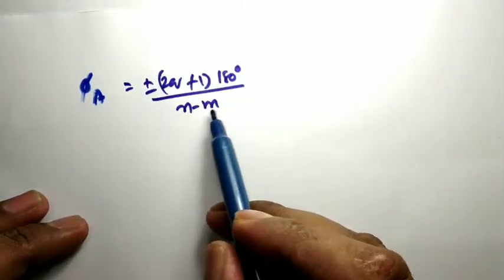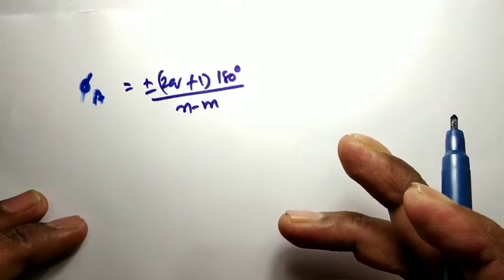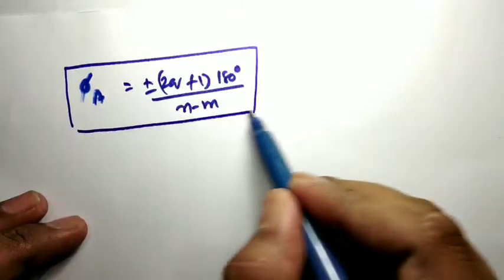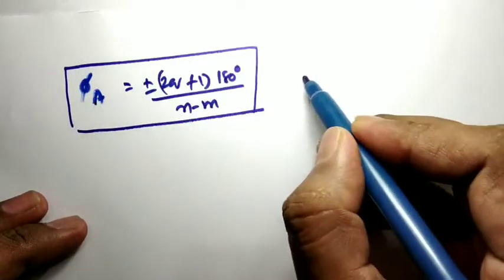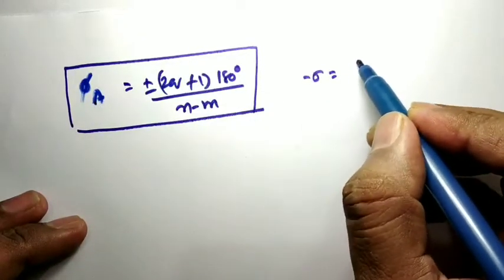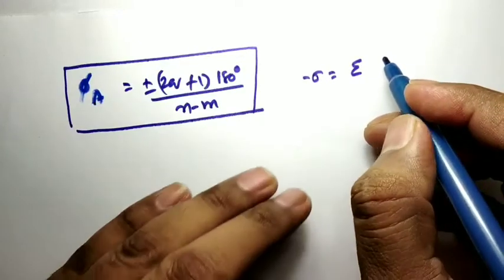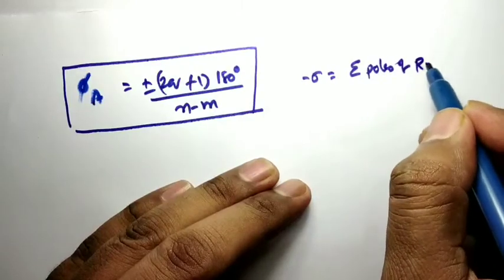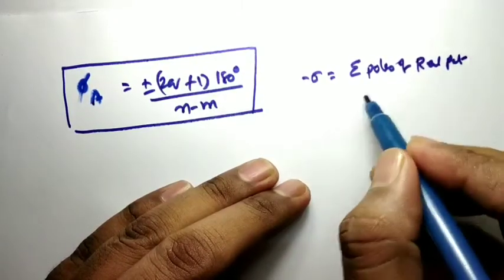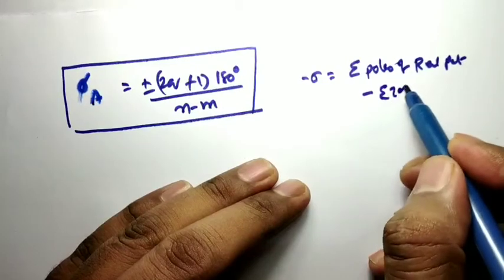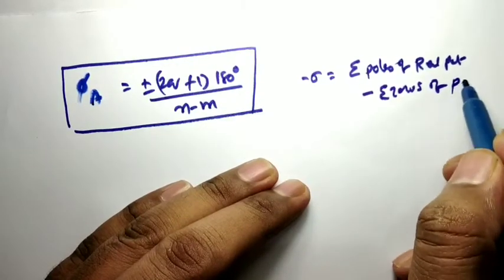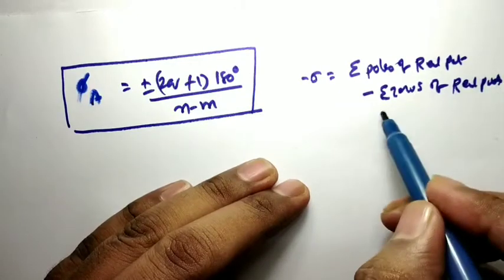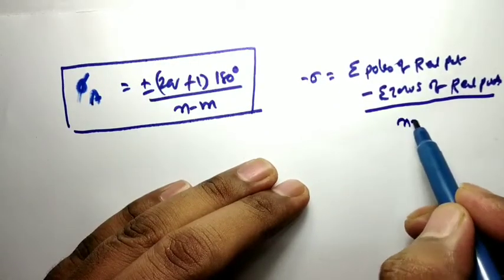I told you what n, m and q are, and I have explained them. The centroid formula is the sum of the real parts of the poles minus the sum of the real parts of the zeros; only the real part, we are not going to take the imaginary part, divided by n minus m.